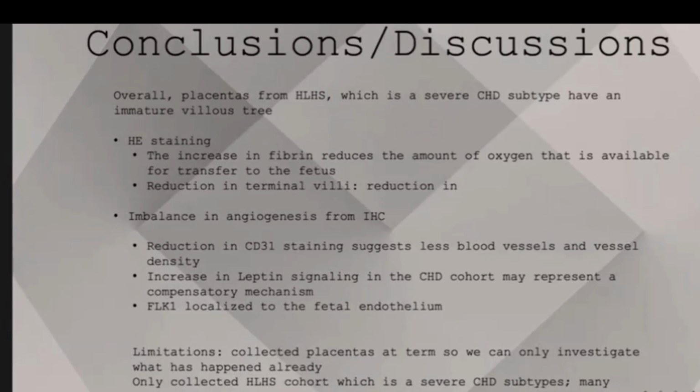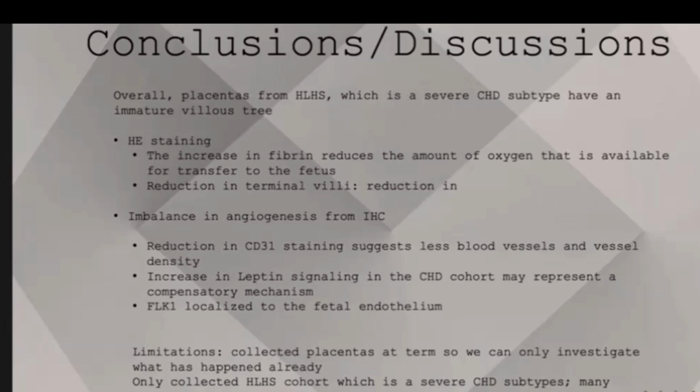Another limitation was that they only collected placentas from the HLHS cohort. This is a severe CHD subtype, and so it's very rare for them to even have these cases.